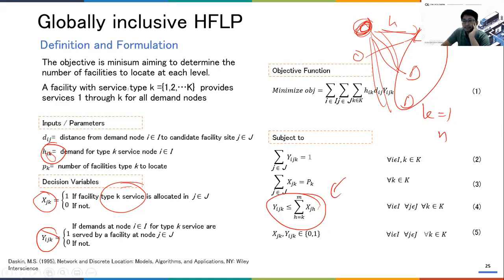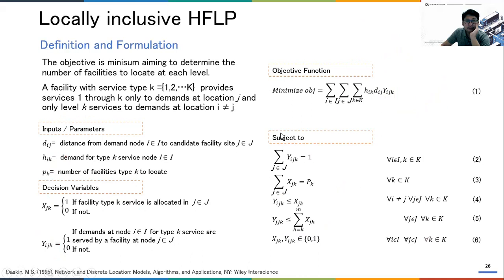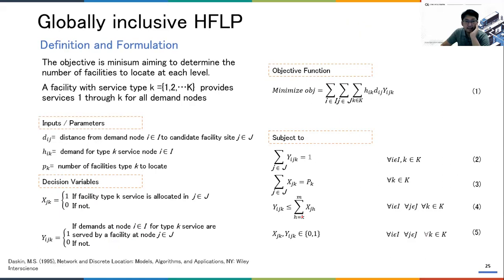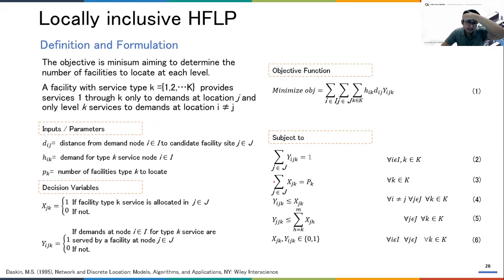If you want some facility to only serve several types of service, for example like that, you can see there is another additional constraint here.